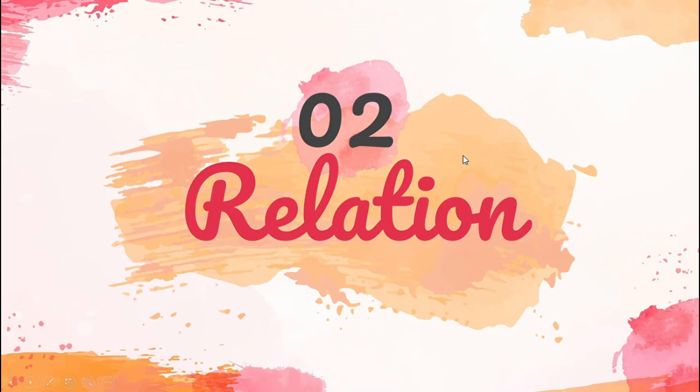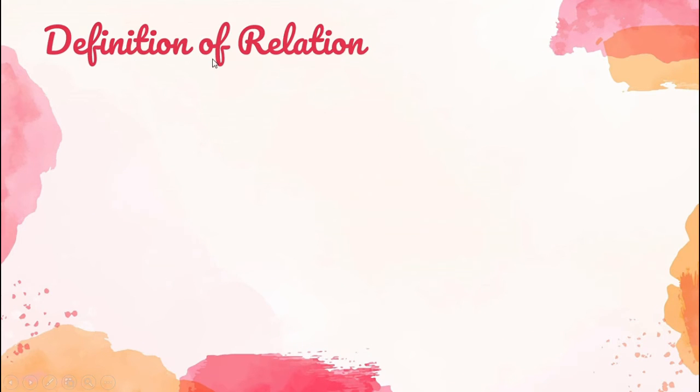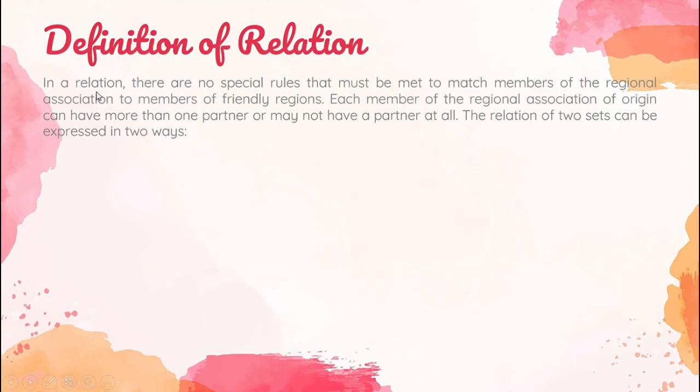Next, we are talking about relation. Okay, definition of relation. In a relation, there are no special rules that must be met to match members of the region of origin to members of the region of partners. Each member of the region of origin can have more than one partner or may not have a partner at all.